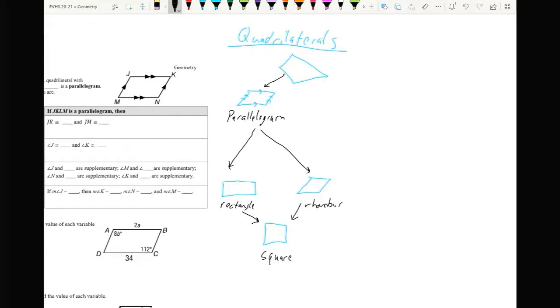Now, there's also another special type of quadrilateral that is not a parallelogram, and that is a trapezoid. So let me draw a trapezoid here. Those 2 are parallel. And then there's a special kind of trapezoid called an isosceles trapezoid.